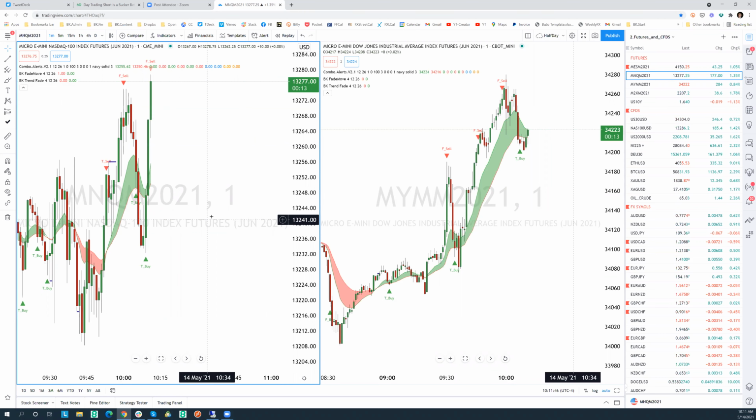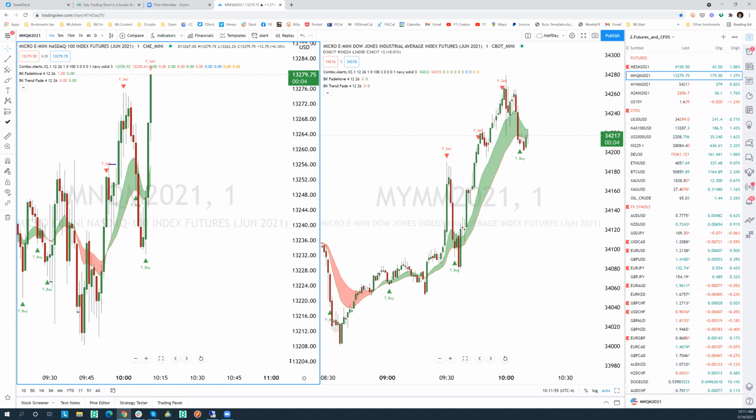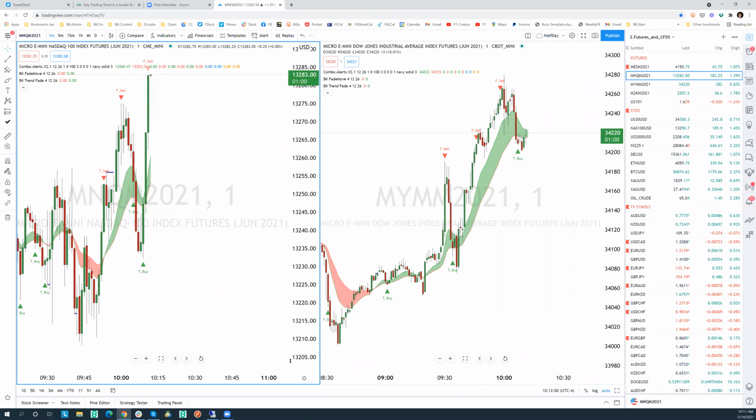What a tremendously crazy instrument this is, that we just went literally 50 points in 3 minutes. So I think NAS makes fresh highs. Dow does not, but kind of hanging in there. Where are we? Wow, we went 45 minutes into the session.